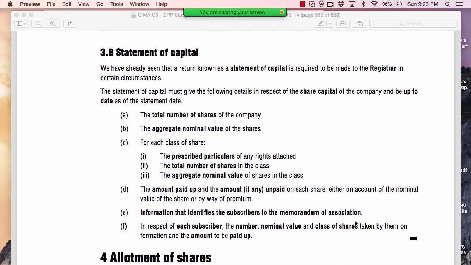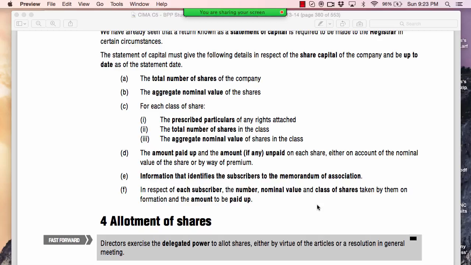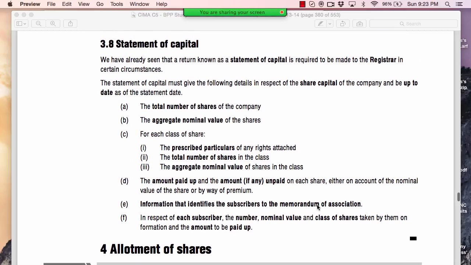Now, we will finish 3.8 and we'll close this class, because from 4 onwards we will keep it for the next class. Statement of capital. What does the statement of capital contain? It will say these are the different types of shares that we got, and these are the kind of rights associated with each different class of shares. So it gives the person who is reading a fair view.